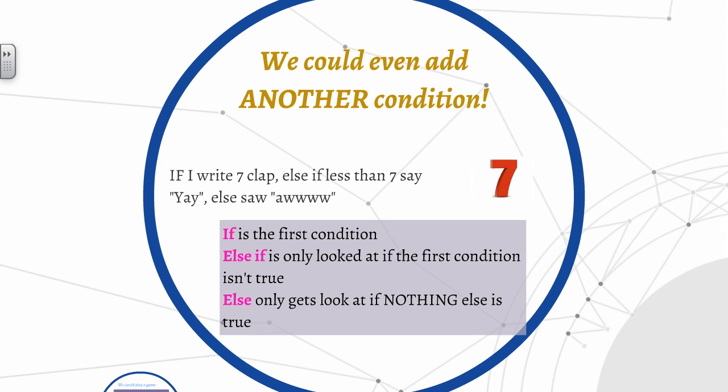It could be 7, it could be less than 7, or it could be something else. Maybe more than 7, or I don't write anything. That would be the last condition. So the more elses you add to your if statement, the more conditions you can have, and there's really no limit on how many conditions you can have. So each one of these is a separate condition.